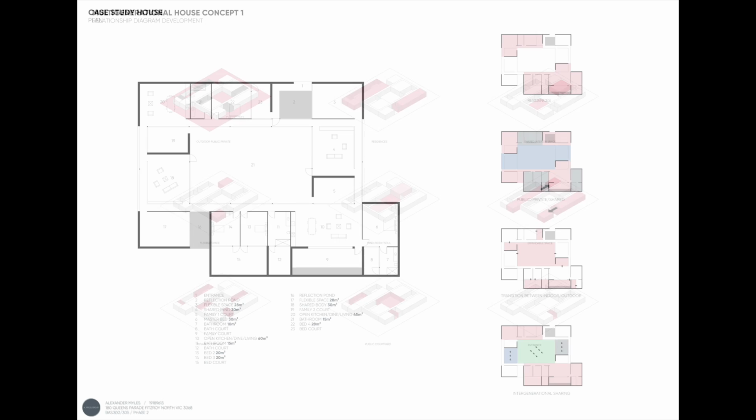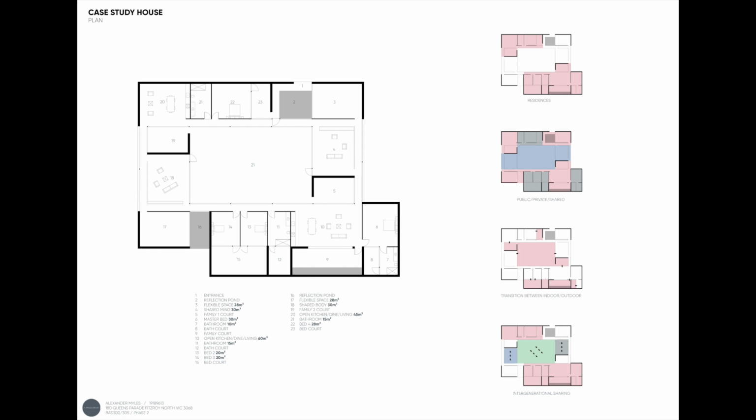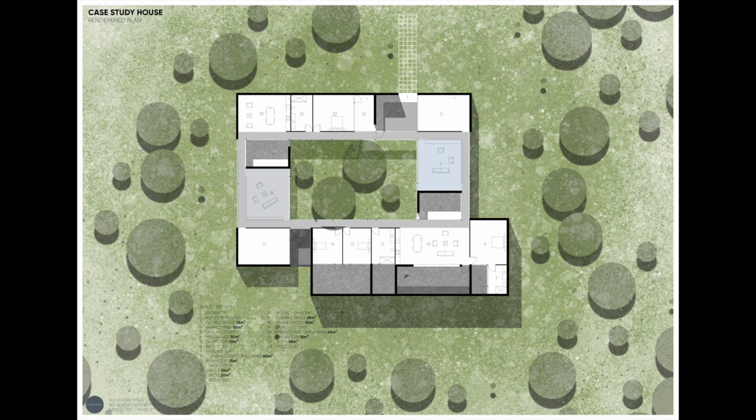I think my final plan has ensured that while it's a house for multiple families, it also appreciates that it's a house for one large family and celebrates this coming together and sharing of multiple generations. I've really tried to emphasize this public and private space, the transitions between indoor and outdoor, and this duality of single and pluralistic value throughout the design.